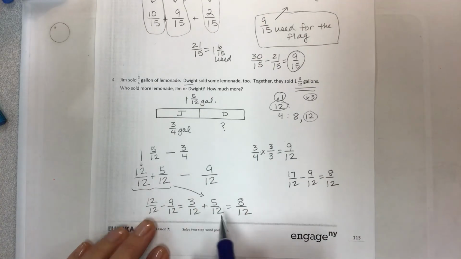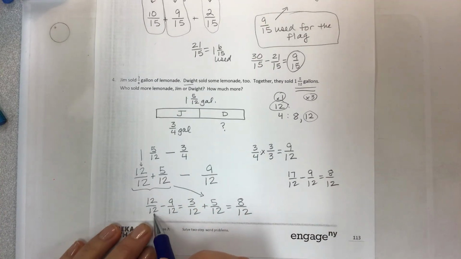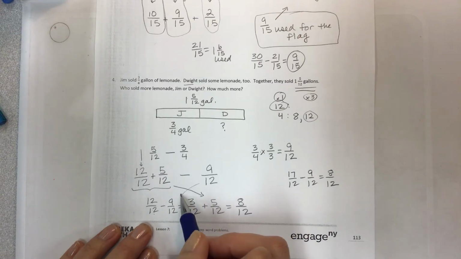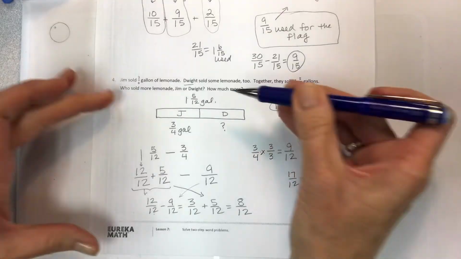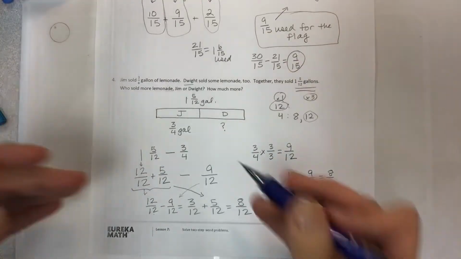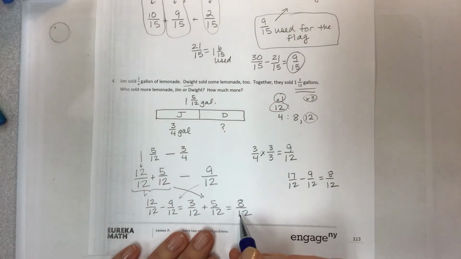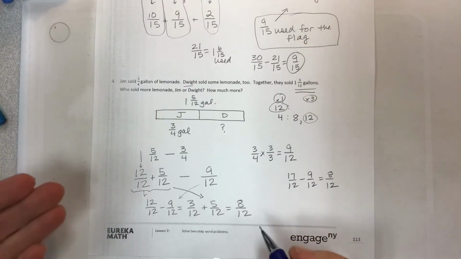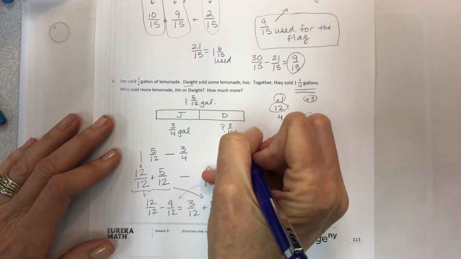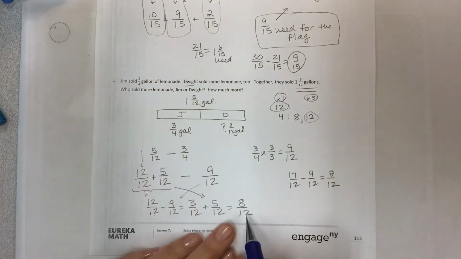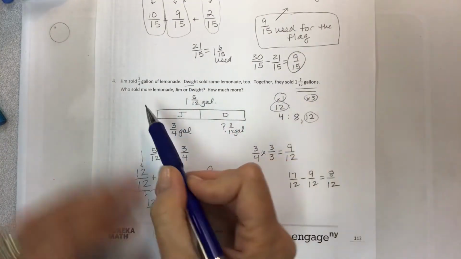But this is just kind of cool when you take from the one whole. Okay, so take this away from the whole. And so what we have figured out is that Dwight sold 8 12ths gallon. So all that to figure out what Dwight sold.